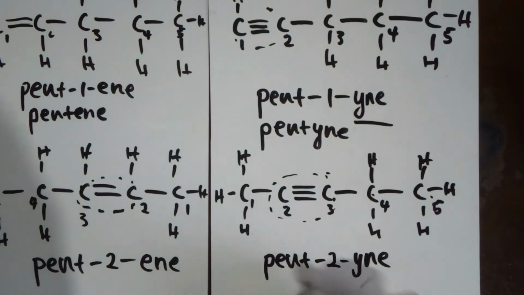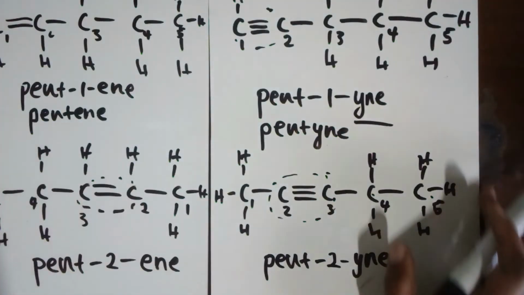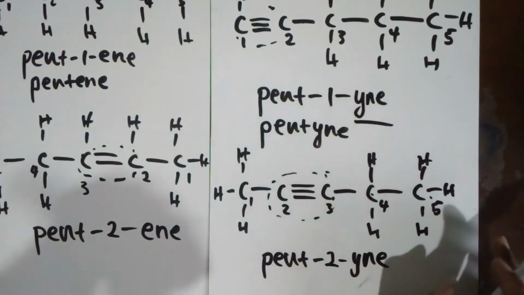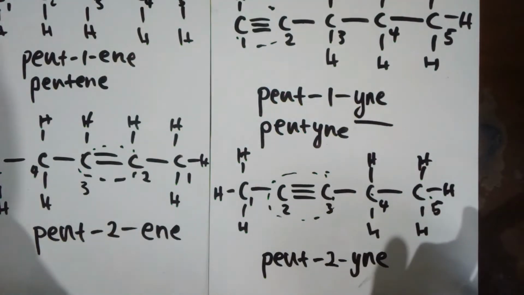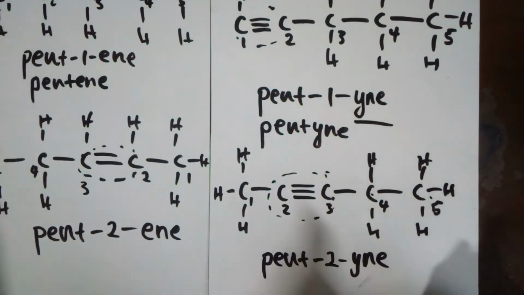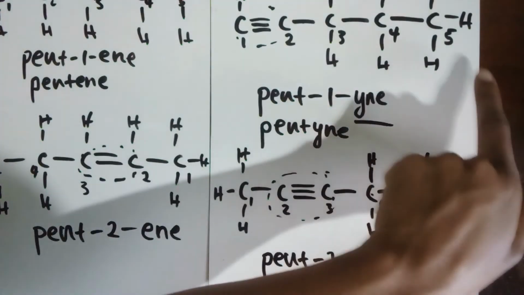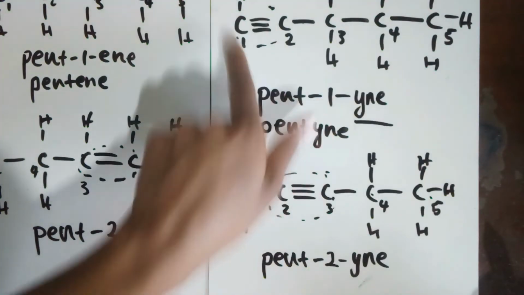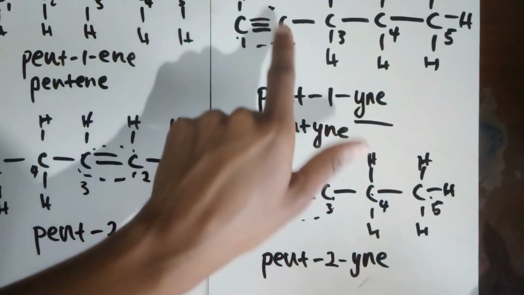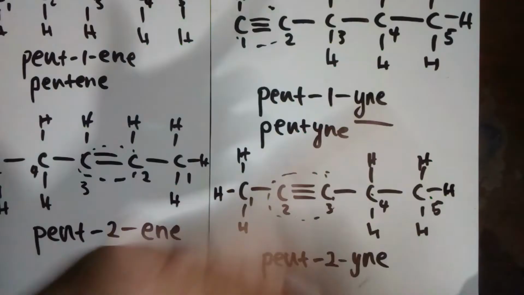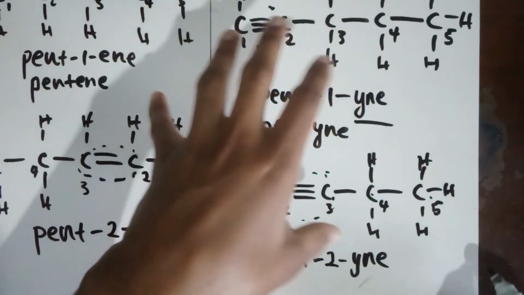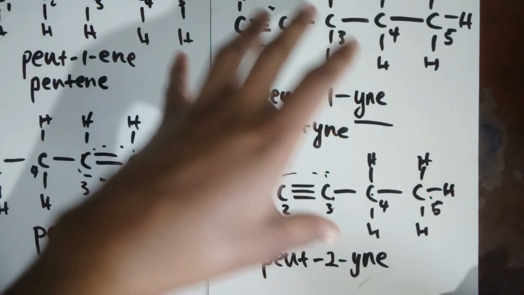So you have pent-2-yne. This is applicable for all of them, for your alkanes, alkenes, and alkynes. So just make sure that you know how to label them or number your carbons with reference to your functional group. We're still going to do more examples in the upcoming lessons, but I just wanted you to understand and know how to do this.